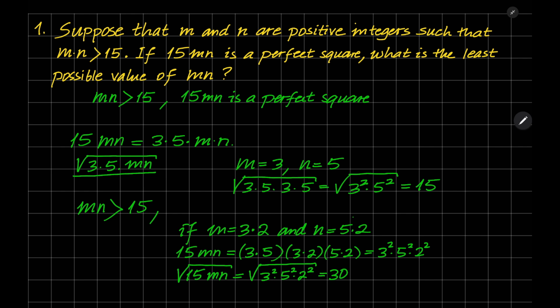This is an integer, making the least possible value of mn equal to 6 times 10, which is equal to 60. That's the answer. I hope it's clear. Please let's go to the next question.